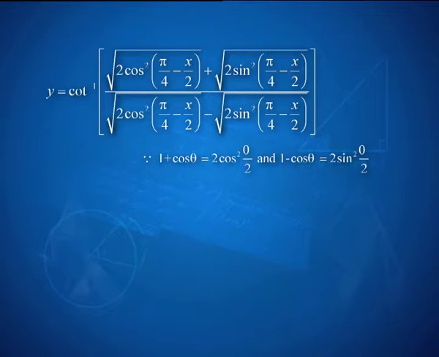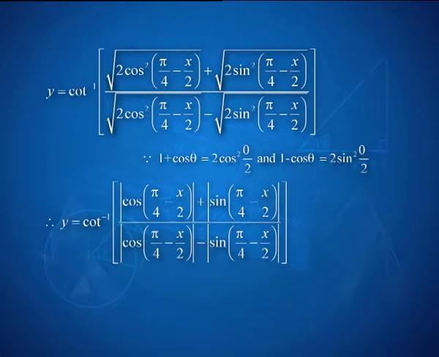What is this going to be same as? This is same as writing cot inverse of the absolute value of cos pi by 4 minus x by 2 plus sin pi by 4 minus x by 2, and in the denominator the same expression with a negative sign in between. Now, why do we have modulus here?